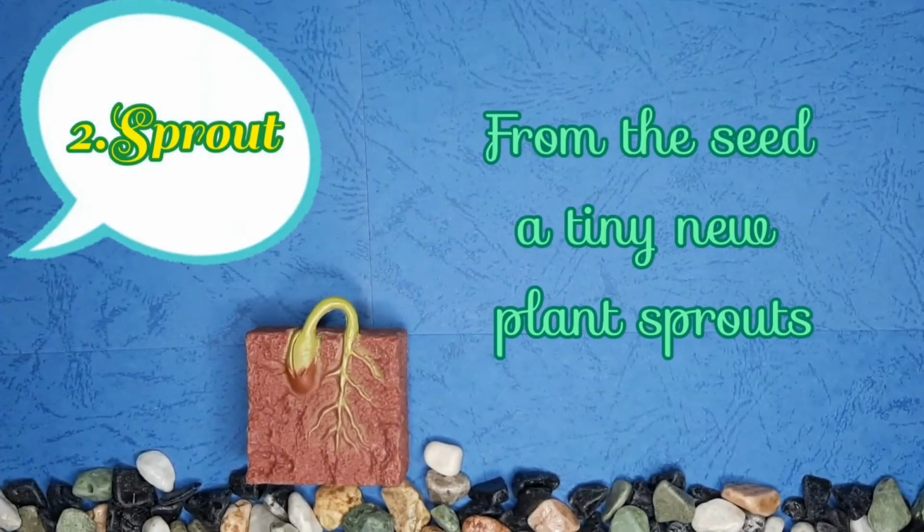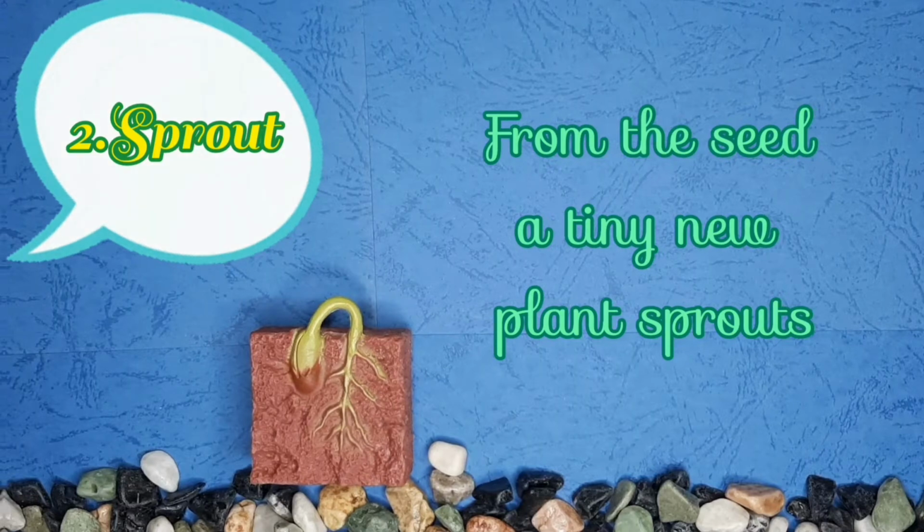Then we water it, and the second stage is sprout. This is called the sprouting stage. From the seed, a tiny new plant sprouts. You can see how beautifully a very tender branch is coming out. Wow, from inside the seed, it's sprouting.